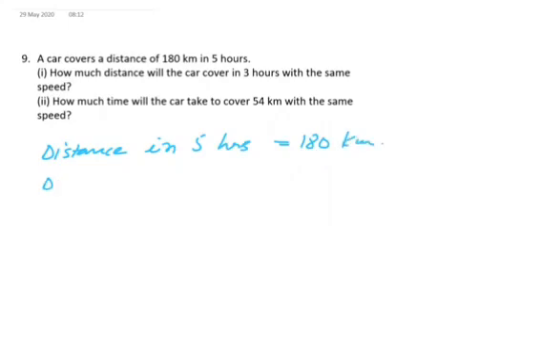So distance in 1 hour is equal to 180 upon 5, which is 36 kilometers.